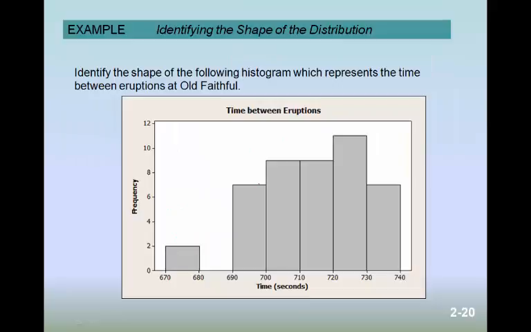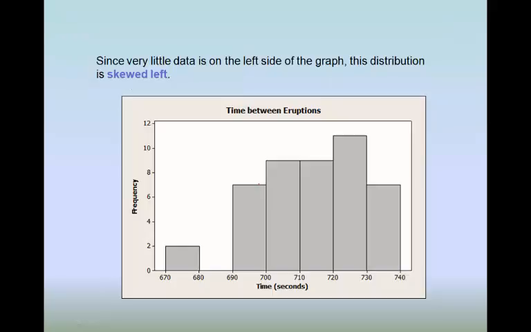Identify the shape of the following histogram which represents the time between eruptions of Old Faithful. Since very little data is on the left side of the graph, this distribution is skewed left. So the tail is over here on the left side.